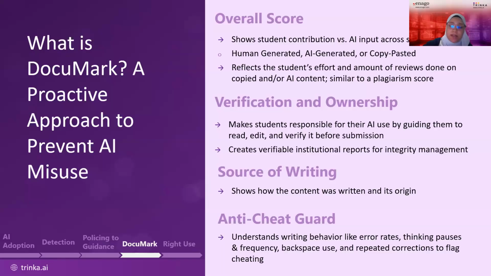Okay, so as we said, the source of writing is explicitly shown, and DocuMark in this instance will make it very hard for students to cheat because everything is transparent now. It's very clear where you got this content. So if you try to cheat, it will be very clear for the faculty if you got like 80% of the work from AI and copy pasted content.